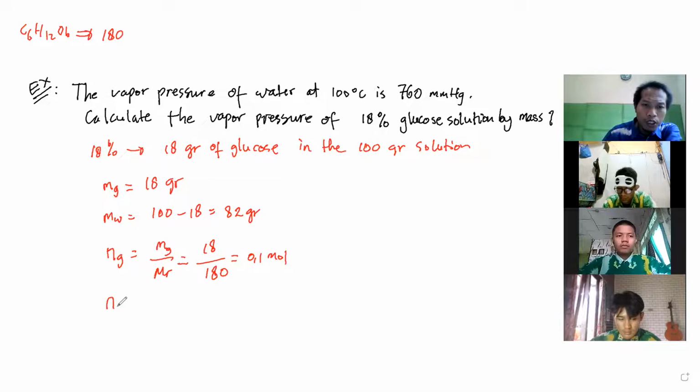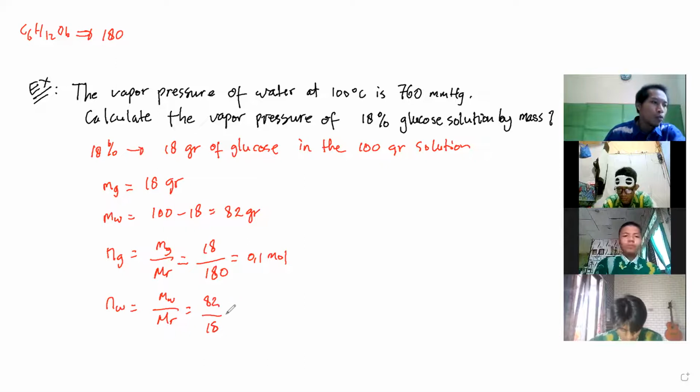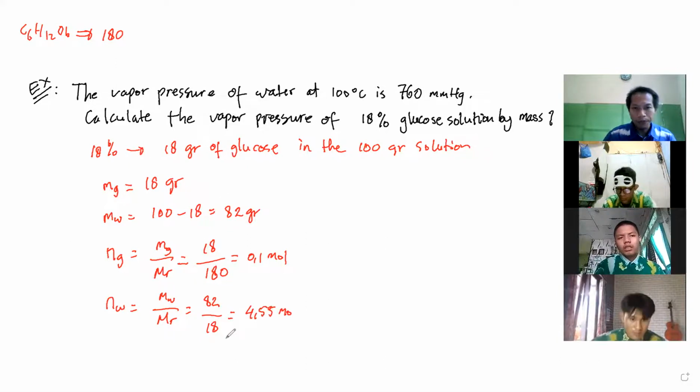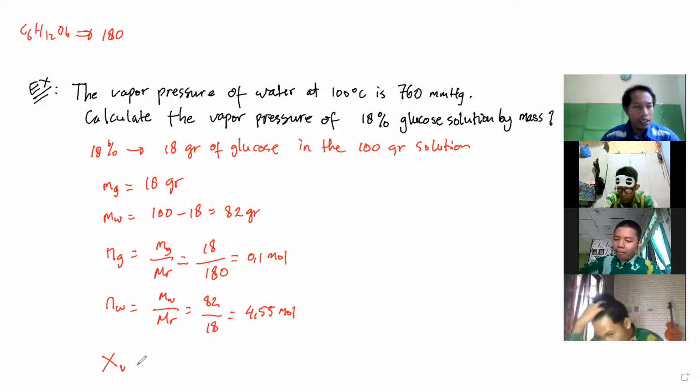How about mole of water? Mole of water is equal to mass of water divided by Mr. Mass of water is 82 divided by Mr of water, 18. When you calculate this one, you will get 4.55 mole. From here, I can calculate the mole fraction of water.